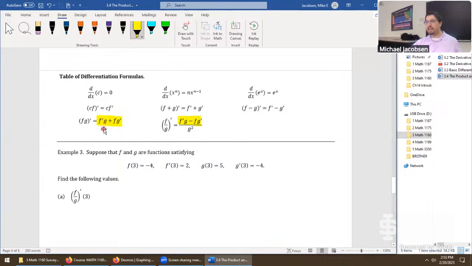So if you do this pattern, f prime g, f g prime, it reduplicates over here. And it's just a really nice way to organize both formulas simultaneously. All you do then is you spot the difference between the rules. In product rule, you go plus. In quotient rule, you go minus. You also divide by the function squared, which is kind of surprising. So that's the difference between the two rules. And it's also the reason why I usually like to write it with f prime first.